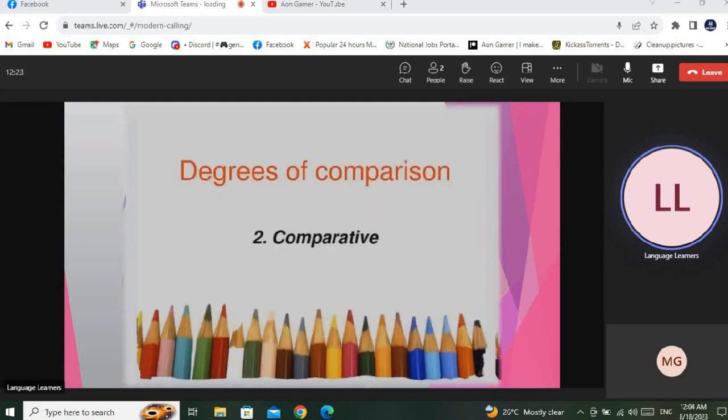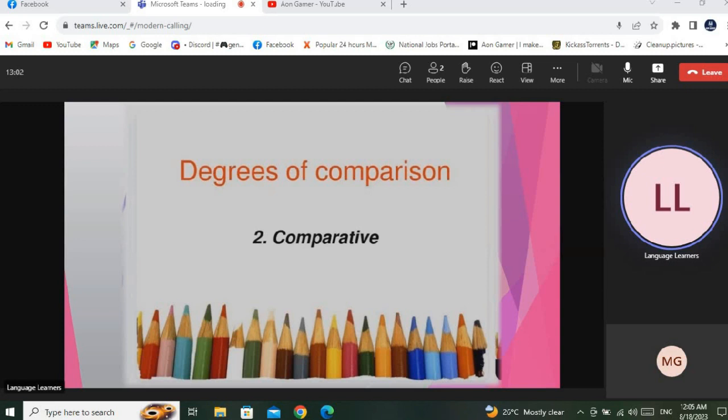Next is the comparative degree. What does comparison mean? How do we do the comparison? There is a difference between comparison and contrast. In comparison, we talk about the similarities, and in contrast, we talk about the differences. The comparative degree is used when we compare two people or things to each other. In Urdu, comparison means muwazna.